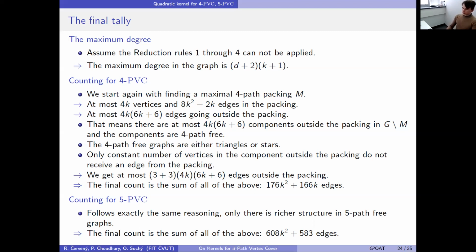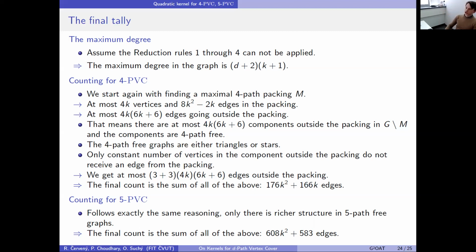And the nice thing is that this technique, or the steps that we went through for 4PVC, can be used for 5PVC almost in the same way. I tried to point out maybe on 2 occasions how we would do that.